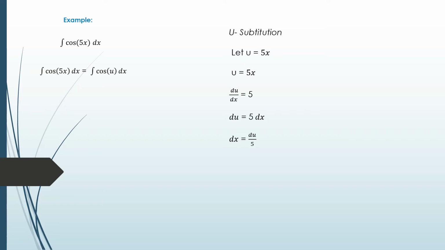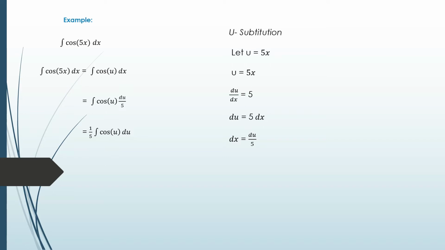Next step, gantikan nilai 5x dengan u variable dan juga gantikan nilai dx. Seterusnya, pindahkan 1 over 5 as the constant to the left of the integral sign. So 1 over 5 integral cos u du.